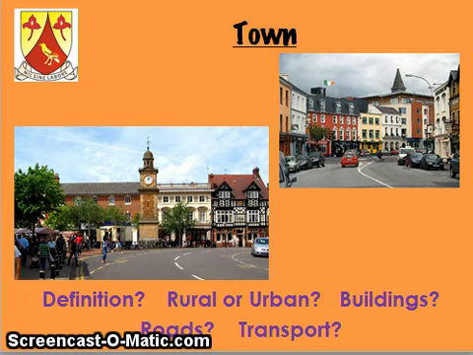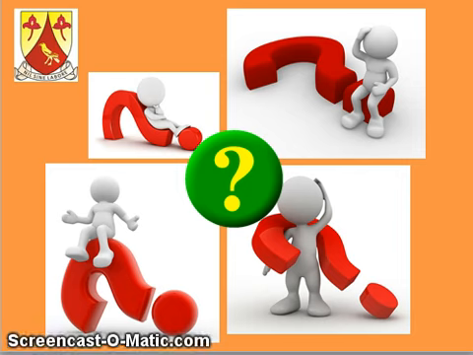Okay, kinds of questions your teacher could ask you. Well, she could show you a picture and ask you to identify the settlement, and you've got to remember what you've learned about each one. She might say to you, is an informal settlement in a rural environment or an urban environment, or whichever settlement she's talking about. She might ask you to explain what a suburb or a town or an informal settlement is.